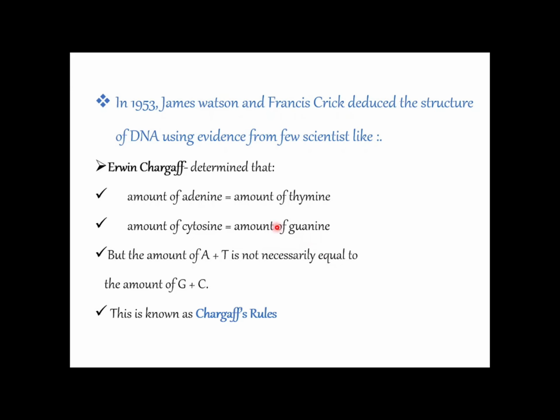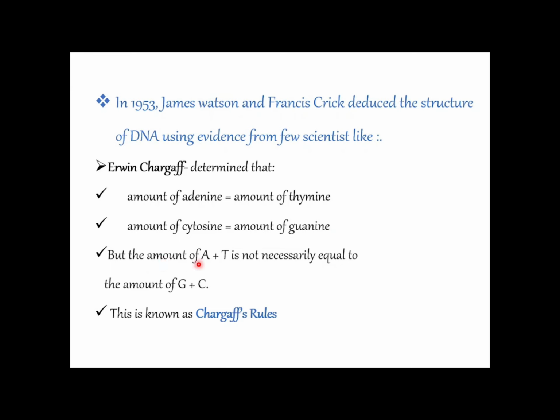Mind you, I will come back to this later. Adenine pairs with thymine, cytosine pairs with guanine. Actually, he had no understanding of this pairing process, but he gave a clue, a hint. So he determined that the amount of adenine equals the amount of thymine, and cytosine equals guanine.